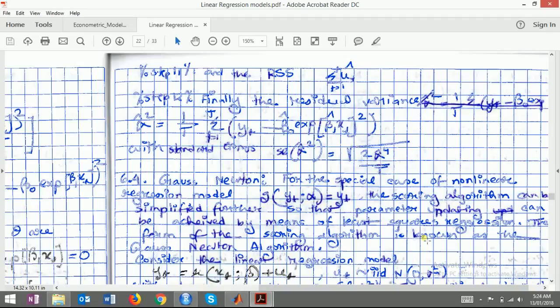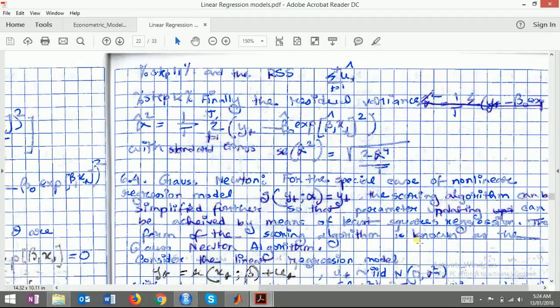On the diagonal, we take the square root of the diagonal elements of the covariance matrix, and we are left with the standard error. And the residual sum of squares is simply, well, estimating ut, or the residual.